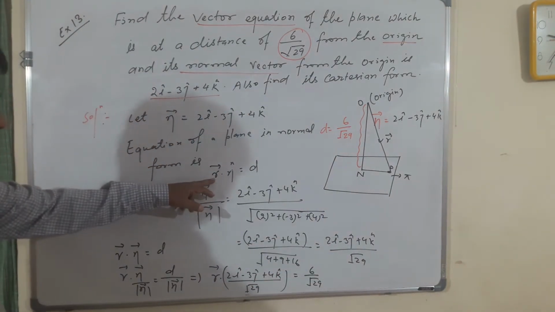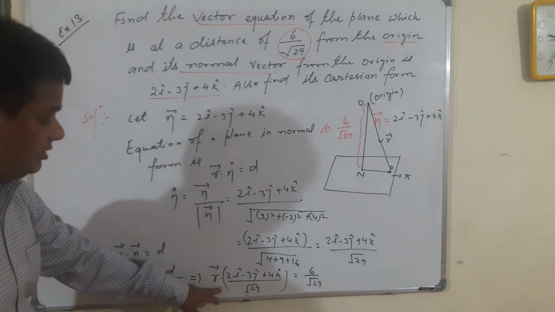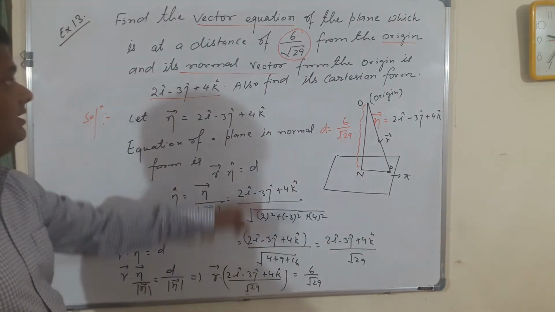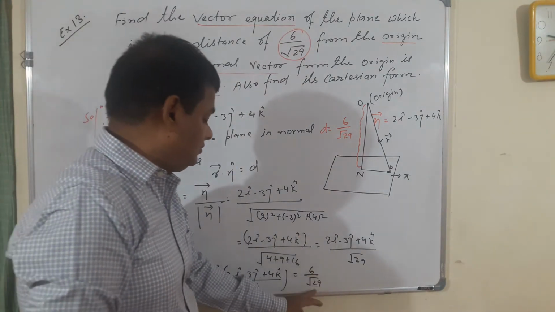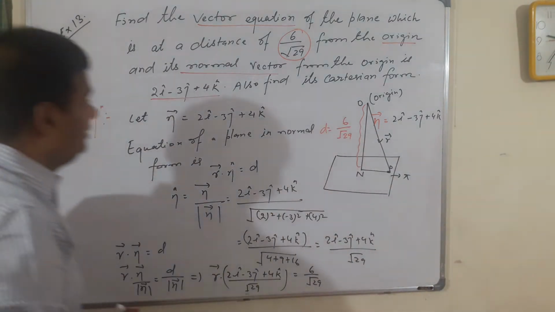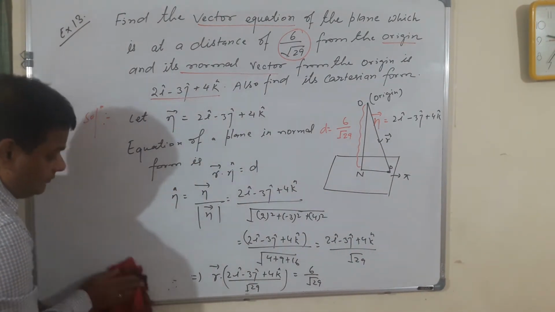Now put in the formula: vector r dot 2i minus 3j plus 4k divided by root 29 equals 6 by root 29. So this is your equation of a plane in normal form.